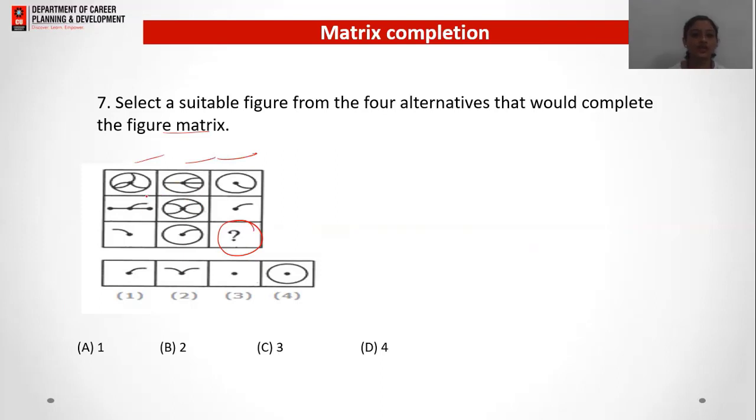So we just need to study the given pattern, and according to the same pattern, we have to find out the missing figure. So as we can see in the first 2 rows, there is one figure and there is another figure. But in the third row, the common figure that is common to first 2 rows, that will be in the third row.